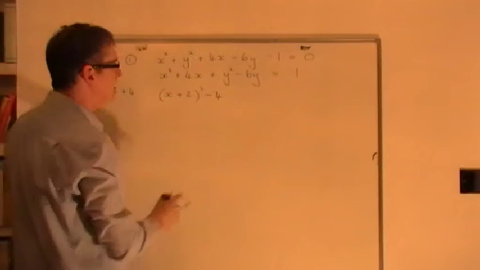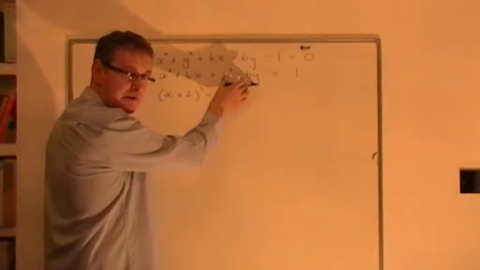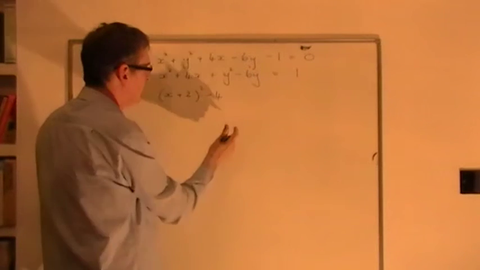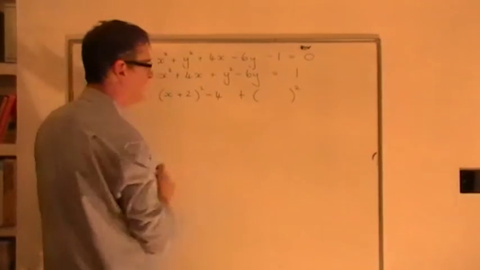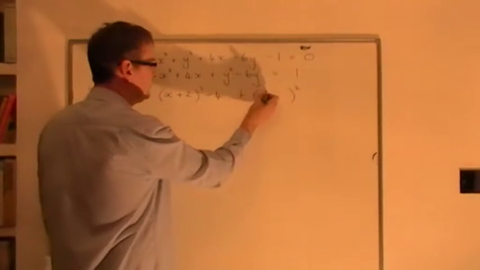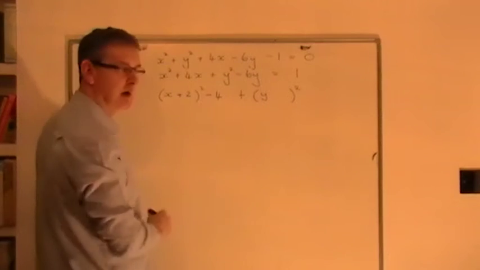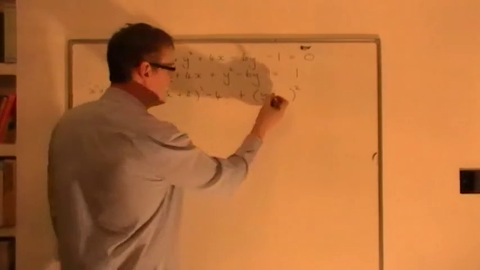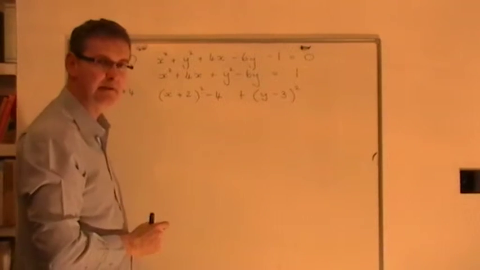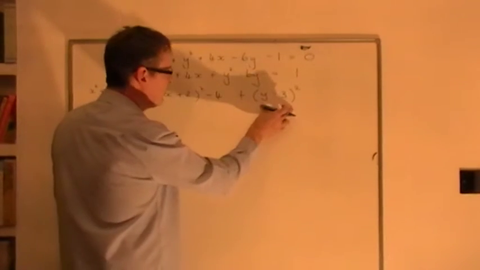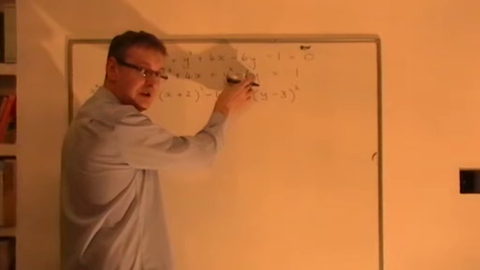Okay, next I'm going to do the same principle for these two terms for the y's. So I'm going to say plus we've got a bracket squared. If it's y squared, it must be y. If it's minus 6y, halve the minus 6, you get minus 3. That must go in there. That bracket squared is not identical to those two terms.